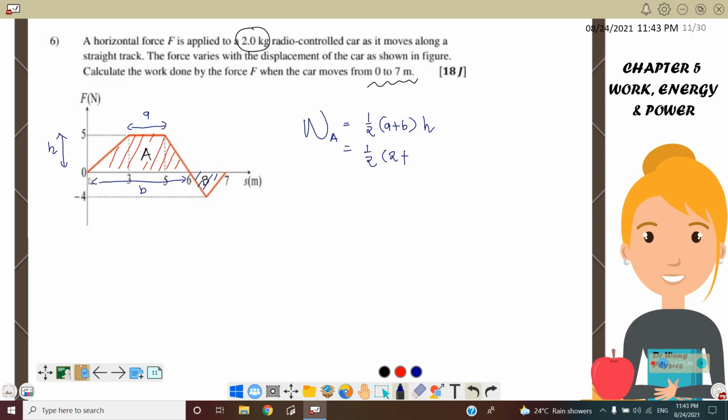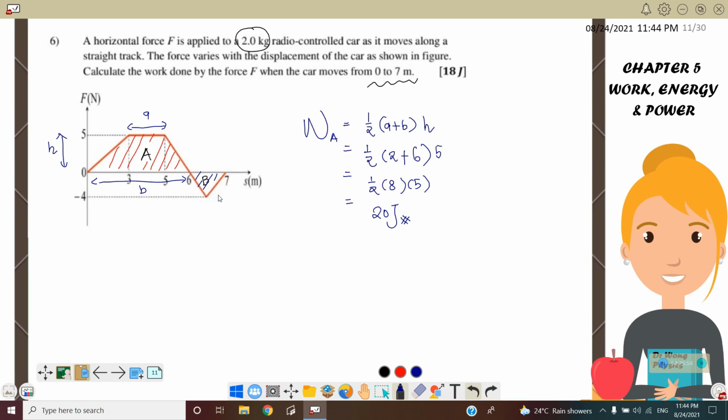B is 6 minus 0, so it's 6. H is equal to 5. So we will get half times 8 times 5, meaning the first part is 20 joule.